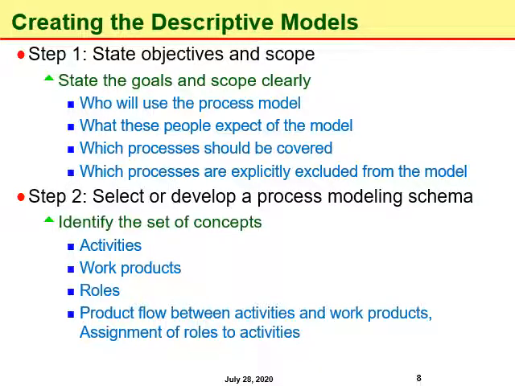That is, which products are inputs or outputs to which activities, and assignment of roles to activities. That is, which roles are responsible for performing which activities. So usually a set of concepts such as this, used to model the process, is called a process schema.